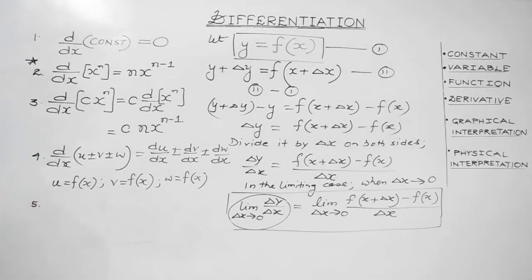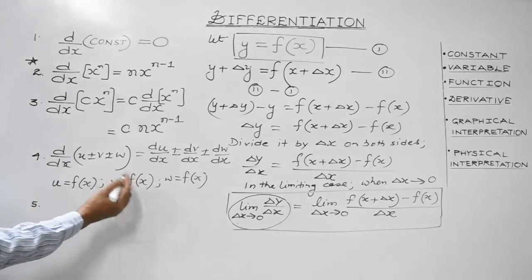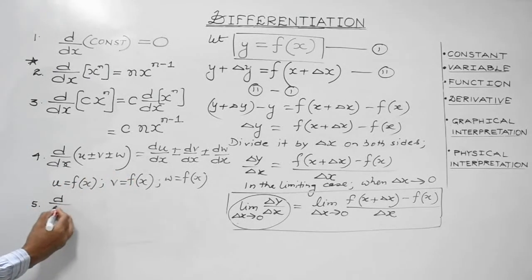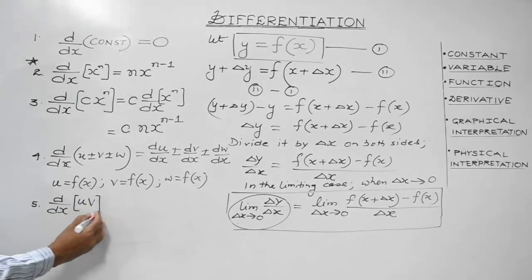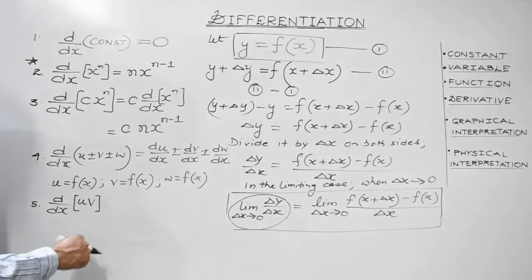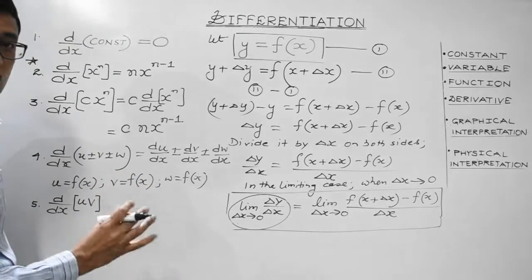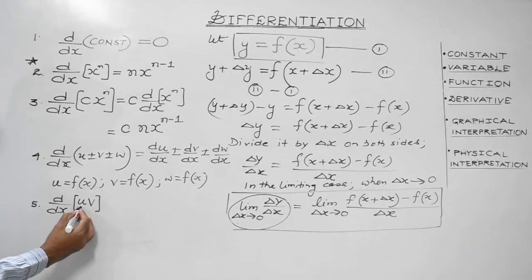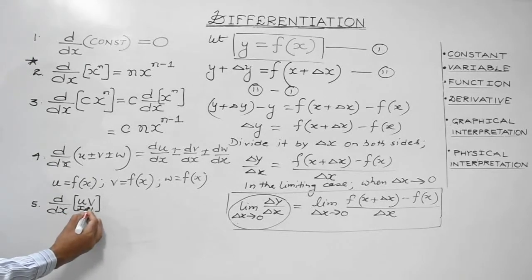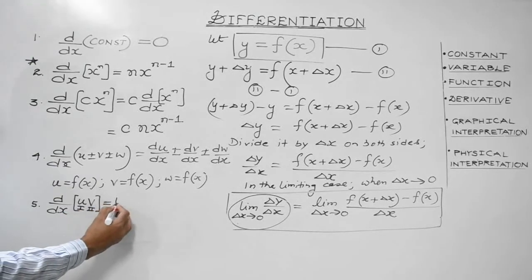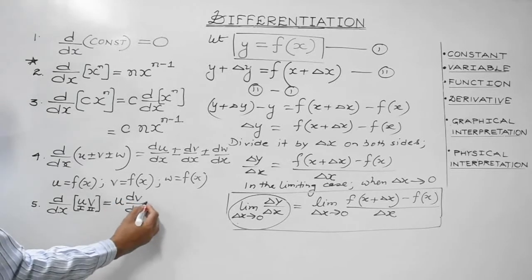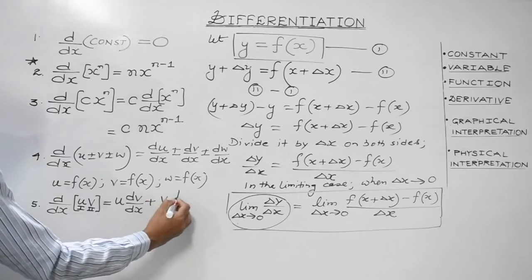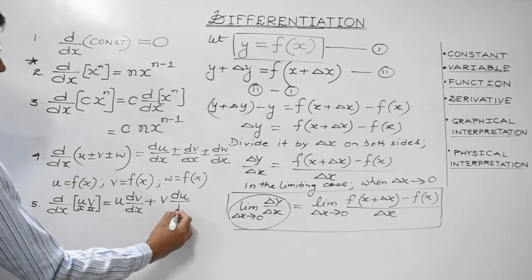Fifth, this is a product rule. Suppose u and v are the functions of x, and suppose product of u v. We are supposed to find out the differentiation of u into v, where u and v both are functions of x. So consider this to be the first function, this to be the second function. So the formula is first function multiplied by differentiation of second function plus second function multiplied by differentiation of first function.